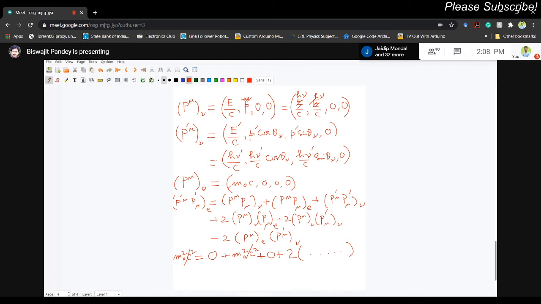And you can rearrange them if you like, because that will be easier to then take the product and simplify the terms. So what I am doing here, I am writing the electron and photon terms on one side and the photon terms on another side. So let us go to the next page. Just follow the calculation from here.